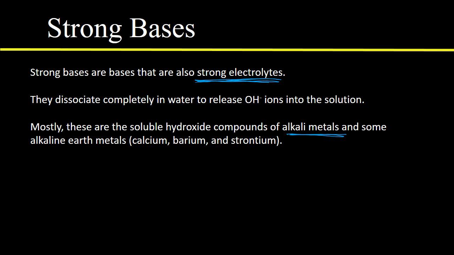So all of the alkali metal hydroxides and most of the alkaline earth hydroxides, calcium, strontium, and barium. Notably, magnesium is not a strong base because it's not soluble, and beryllium hydroxide is actually not terribly basic. It doesn't really release hydroxide ions.